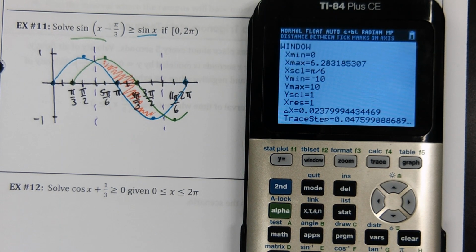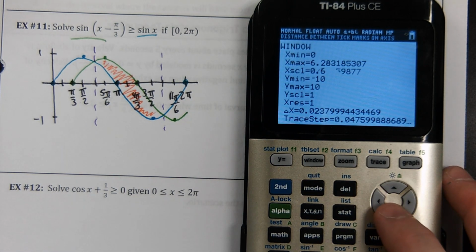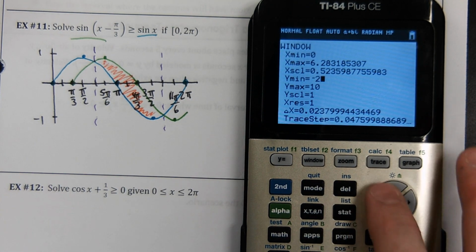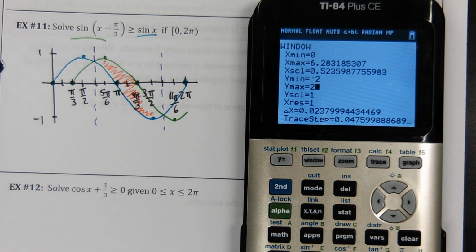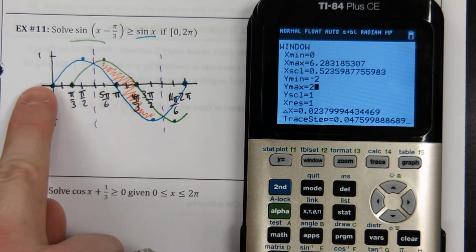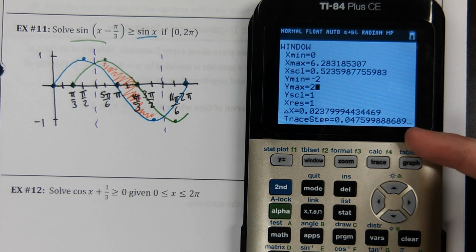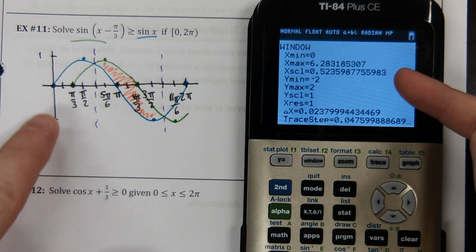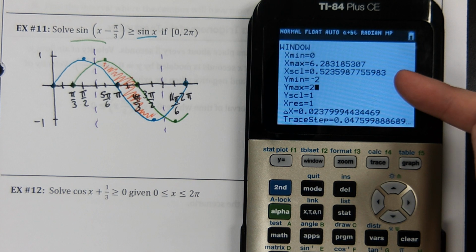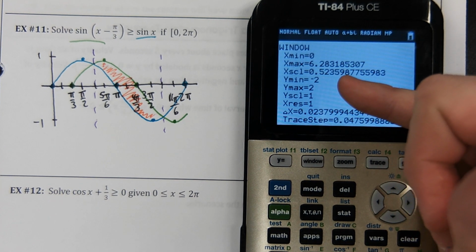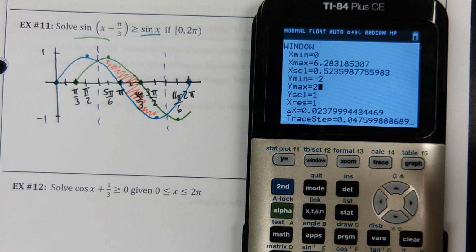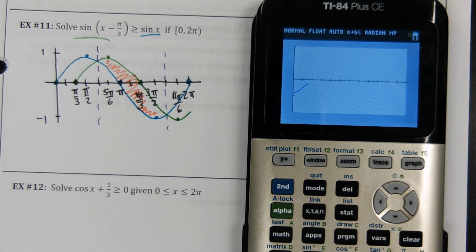Now your minimums and maximums are 1 and negative 1. I just want to be able to see it on the graph, so I'm going to go from negative 2 to positive 2. Now when we hit graph, we should see this shape and that many tick marks. Ready? Everybody's cool? Everybody's had a chance to do what I did? 0 to 2 pi, we went by pi over 6s just like we did here because that was the common denominator. And I just went 2 to negative 2 because it will make it so that the whole thing fits on the graph. And I hit graph.